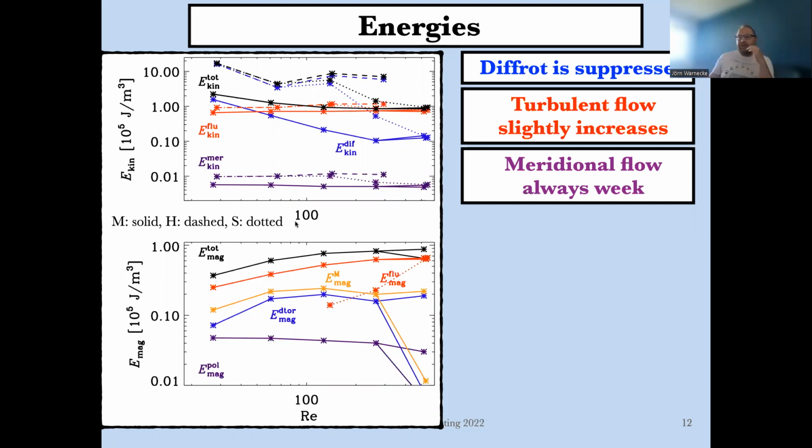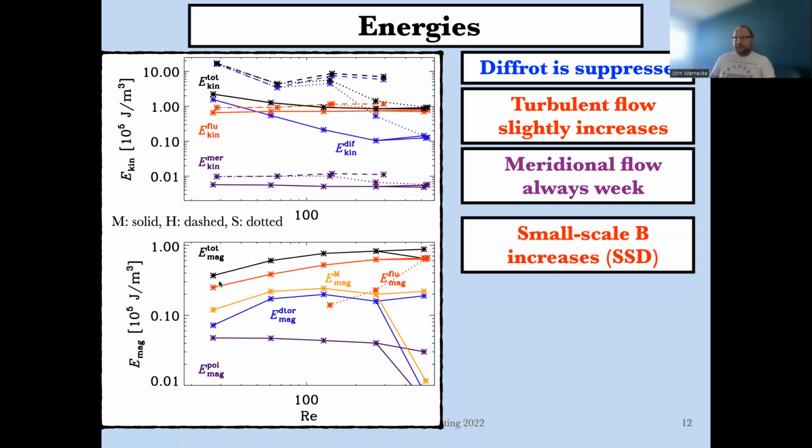So then when you look now at the magnetic field, the black one is the total magnetic field and the red one is the fluctuating magnetic field. You have an increase of the small scale magnetic field, which leads to an increase of the total magnetic field, and the dotted one is basically the corresponding runs with the small scale dynamo alone.